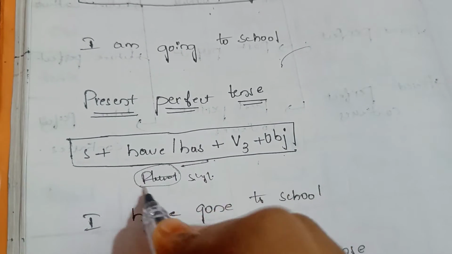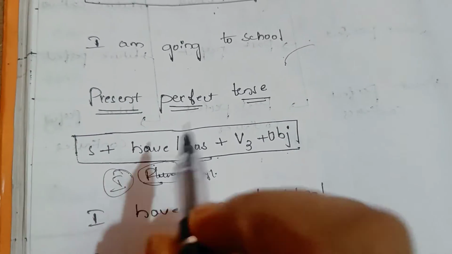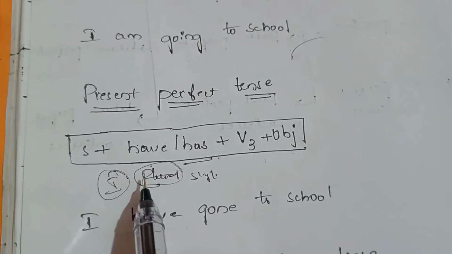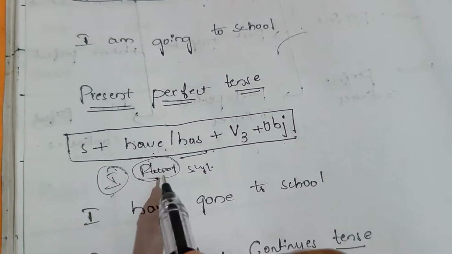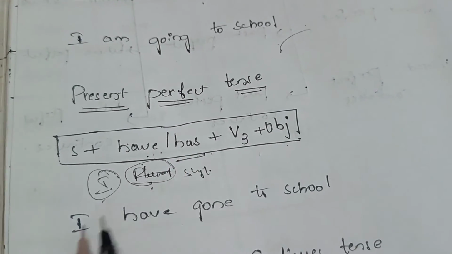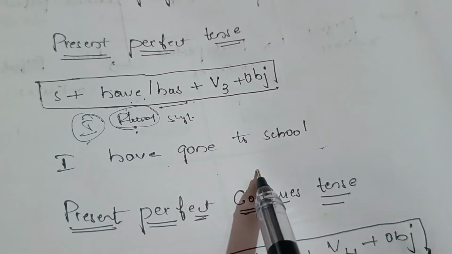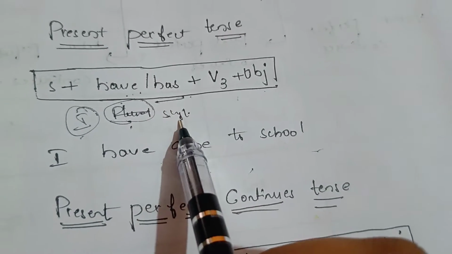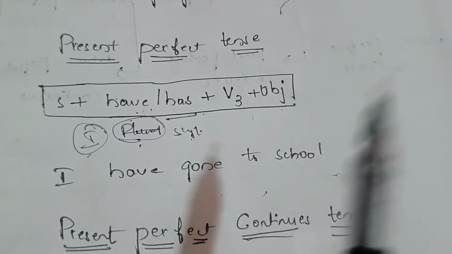There is one exception: have is also used for I. So, I have gone to school. They have gone to school. He has gone to school. As he is singular, we use has.